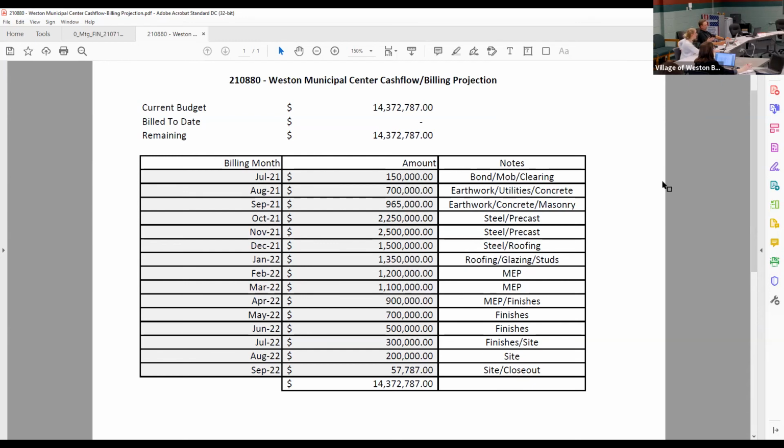The other option is we can go for a bond anticipation note. So we'd go out on the market and get a $15 million note in anticipation of refunding that with a bond, say at the end of 2022.